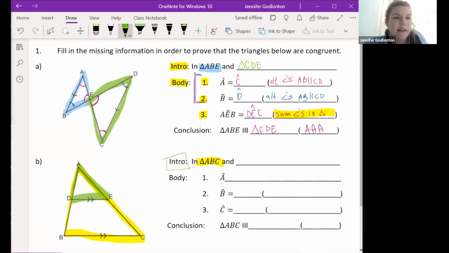What is the second thing I'm going to write on that line? We're just introducing our triangles. So we know our first triangle is triangle ABC. What are we going to call our second triangle? There we go, triangle ADE. Beautiful.